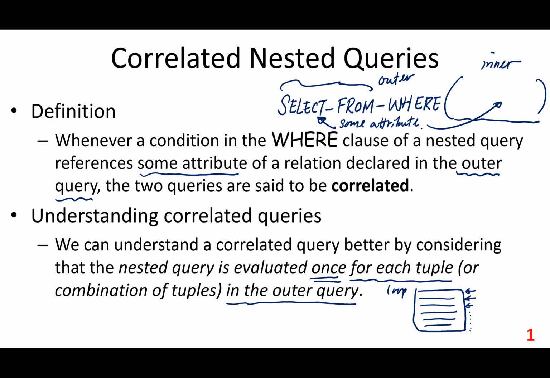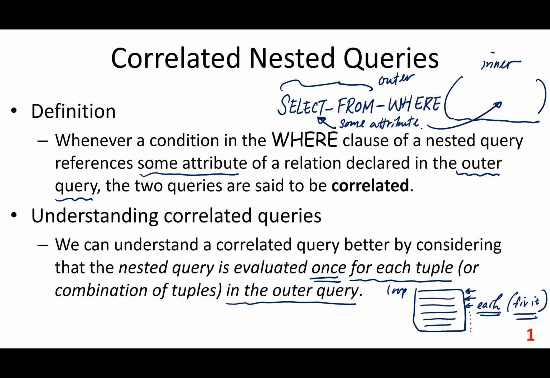Sometimes we may imagine there is some tuple variable we use for each tuple as representative. But before you get into the inner loop, you just fix it. When you get into the inner query, you fix that tuple.